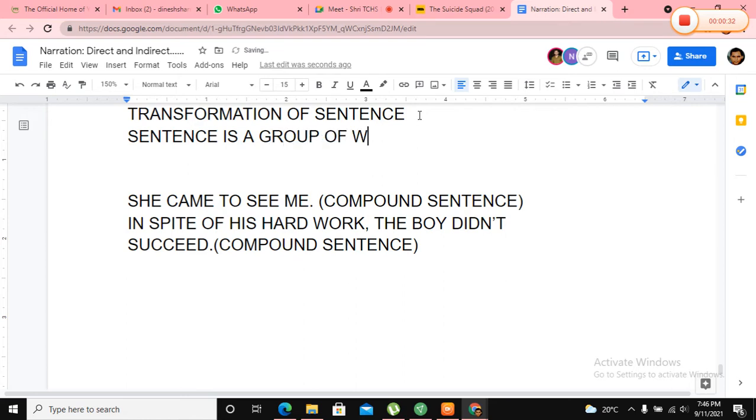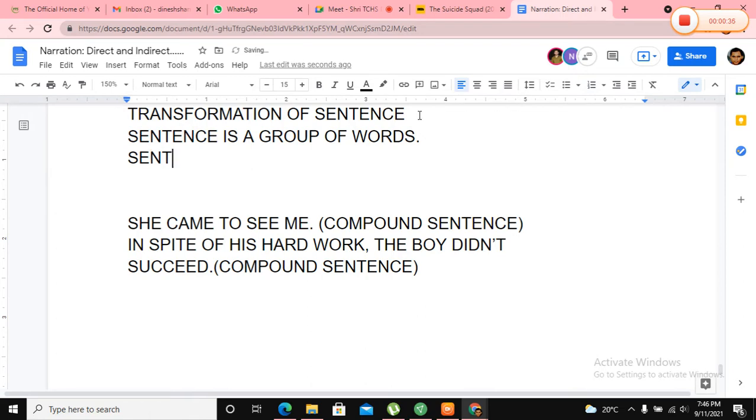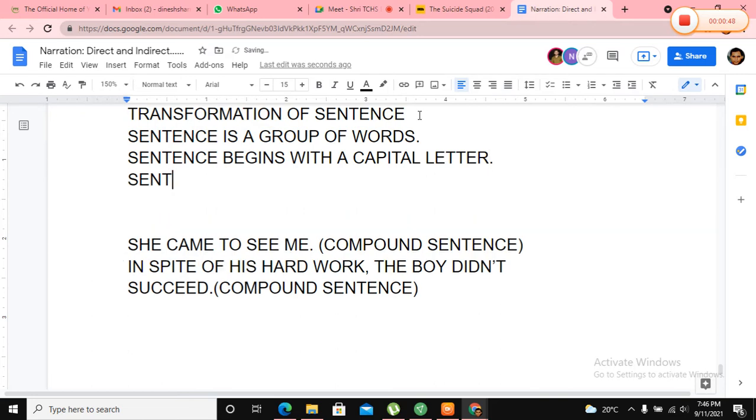A sentence begins with a capital letter and has a period mark at the end of it.